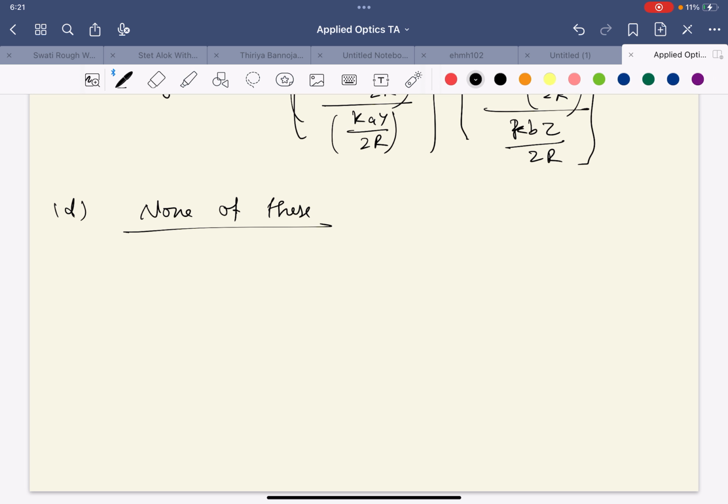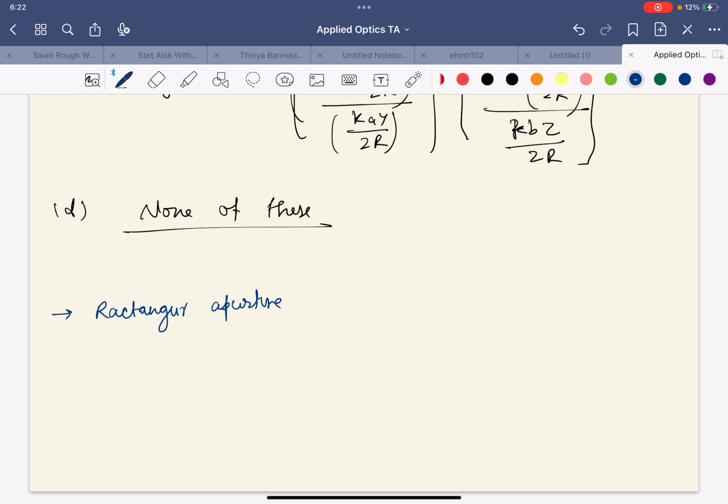So as you know, let's consider the rectangular aperture with width a and height b, that is like this is a and this is b.